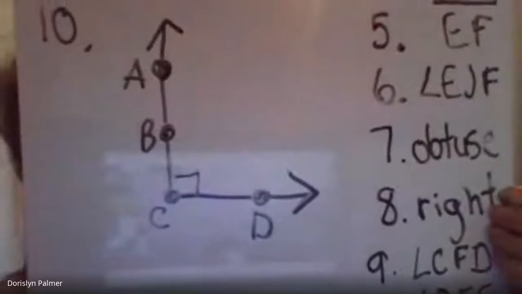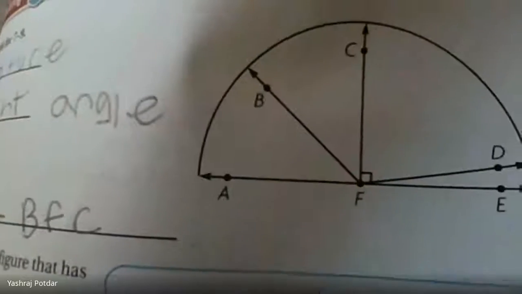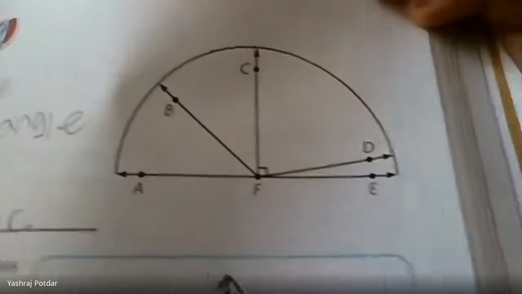You guys are awesome. Oh, I just did them separate. Hold it up a little bit higher. Can't see it. You gotta pick up a little bit higher. Oh, there it is. 1 right angle, 4 points. Good job.